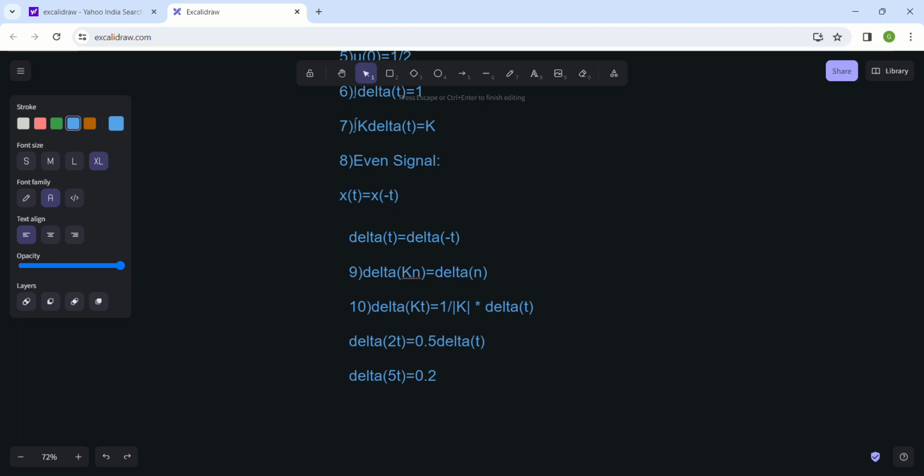Don't get confused. People can easily know this by practicing 1 by 2, 1 by 5.